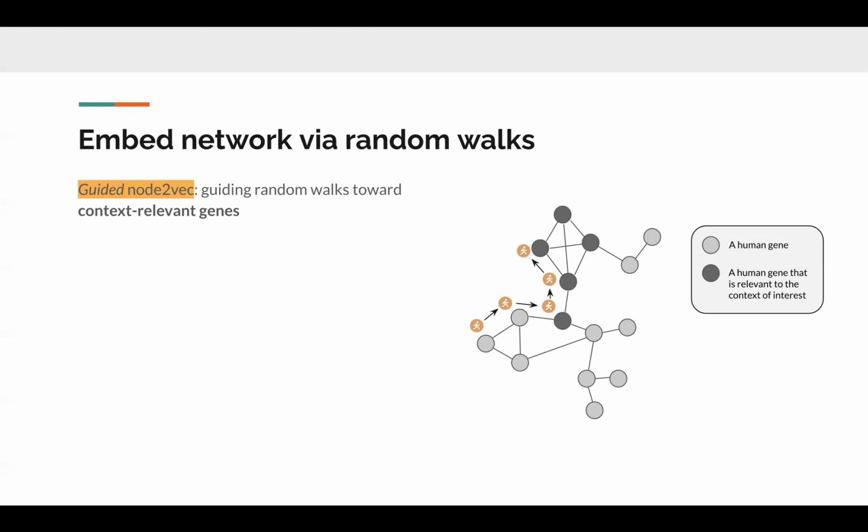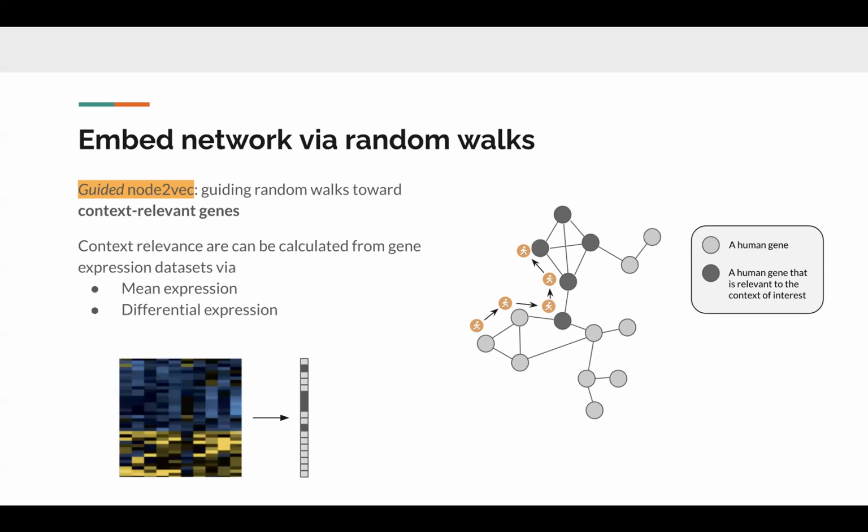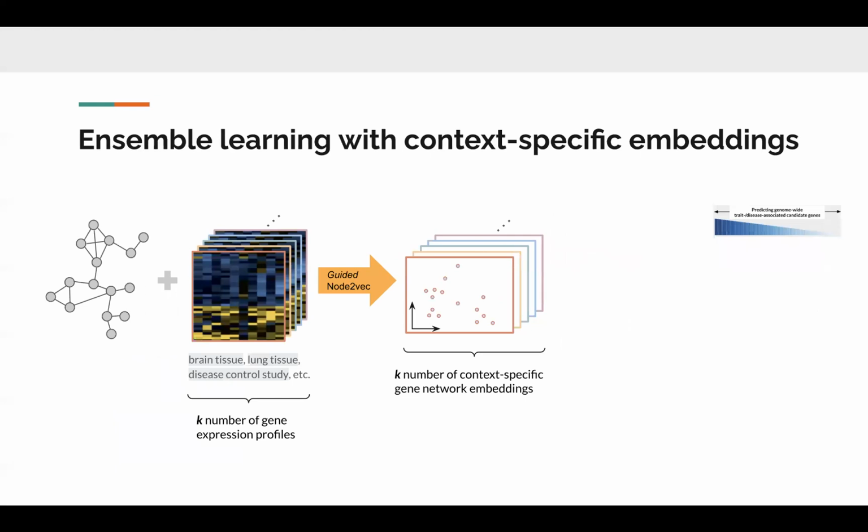Finally, these context gene relevance scores are computed based on gene expression profiles using either mean expression or differential expression approaches. At this point, given a context-independent gene interaction network and k gene expression profiles, we can generate k different context-specific embedding spaces.